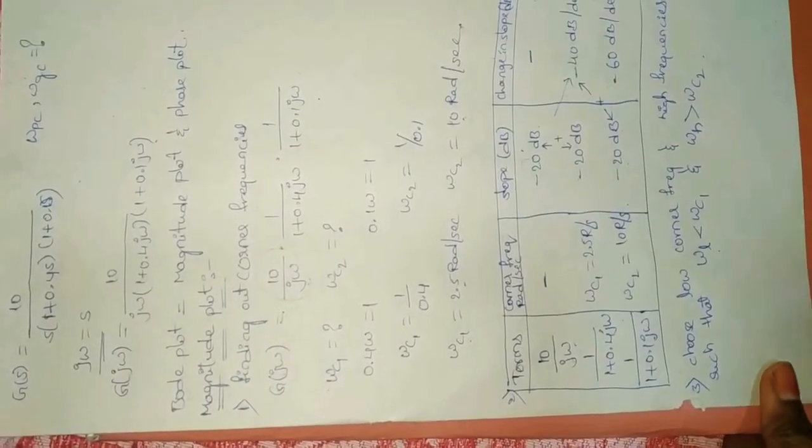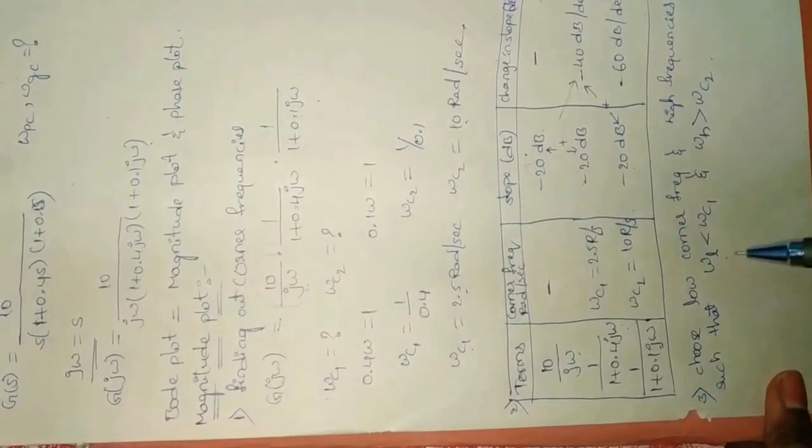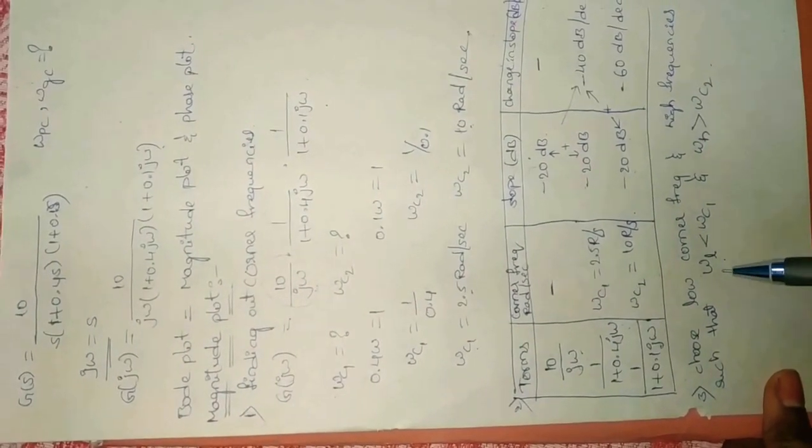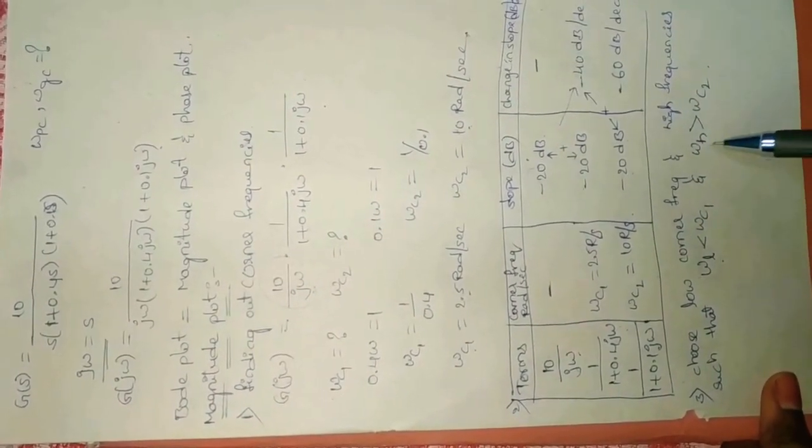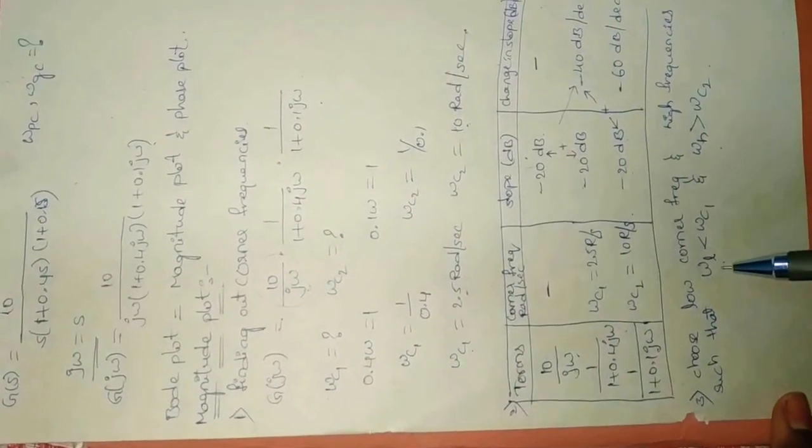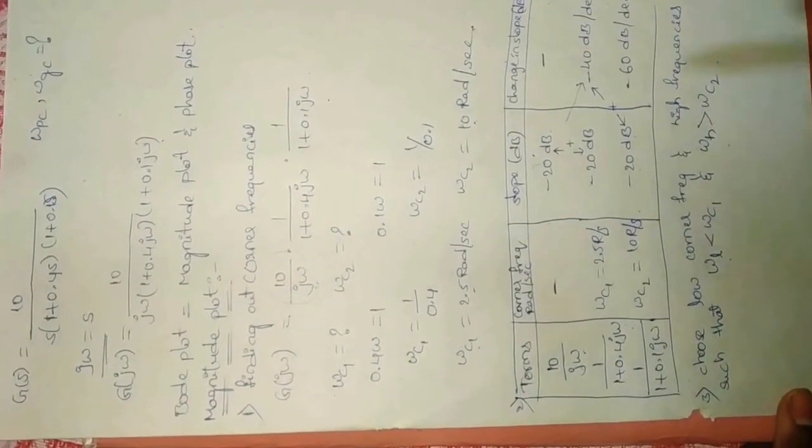You need to choose two corner frequencies, one low and one high. At these corner frequencies you need to find your magnitude.